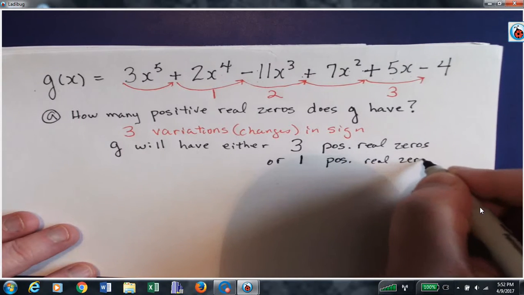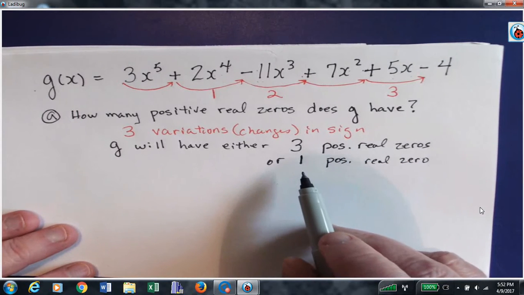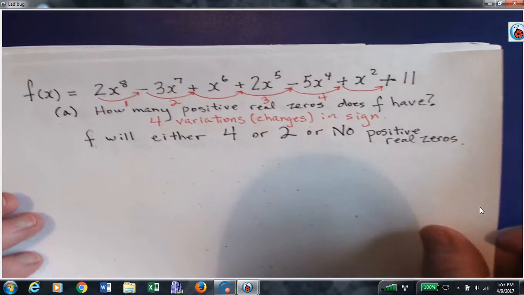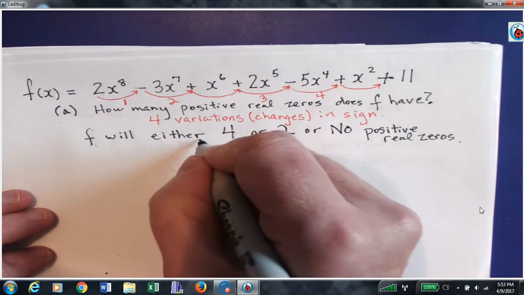And then I stop there, because if I subtract 2 from 1, it doesn't make sense to say it'll have -1 positive real zeros. I should have put a half there.